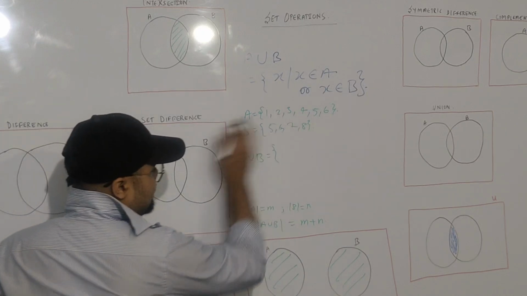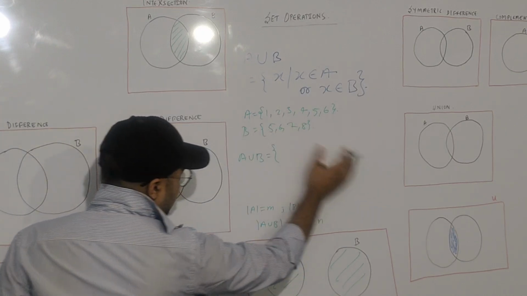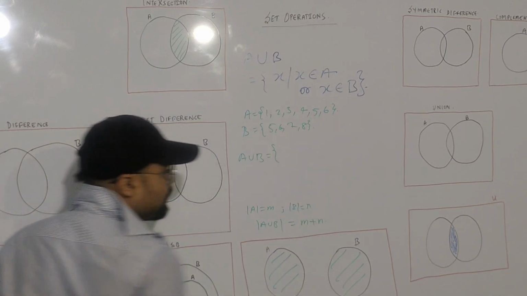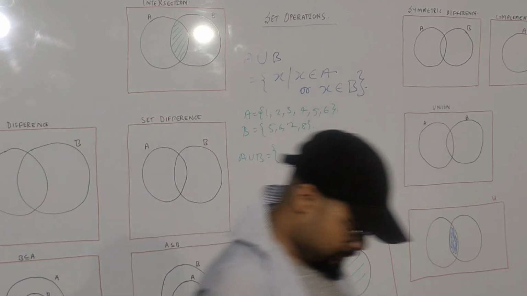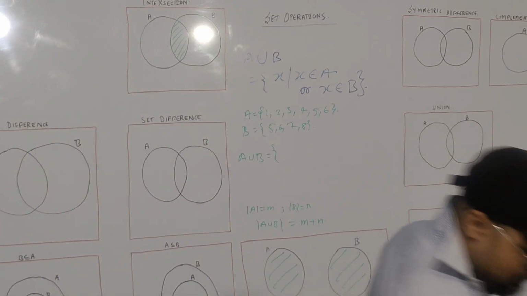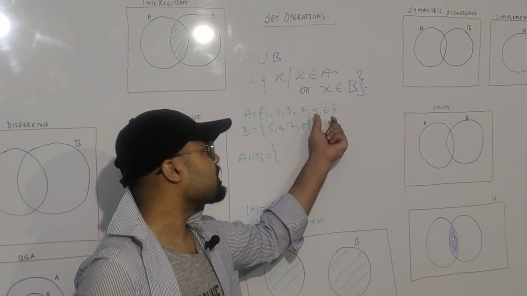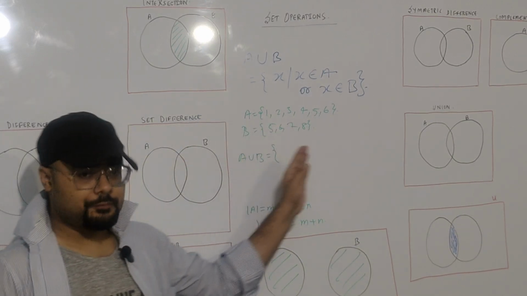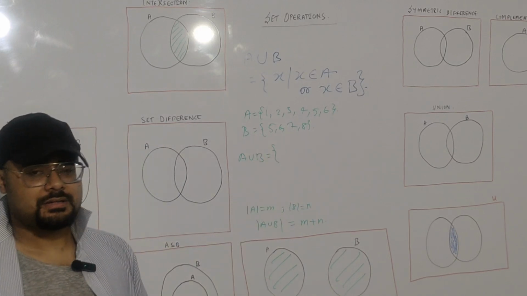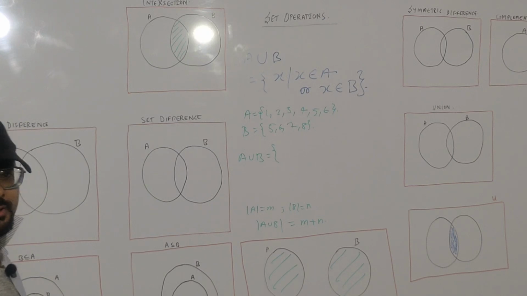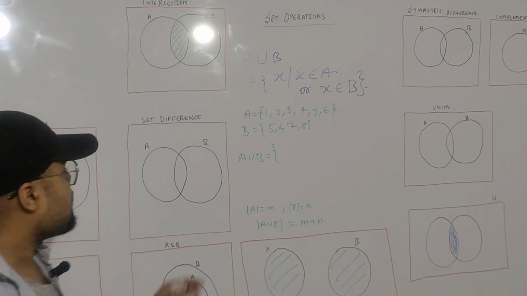But if you just straight away take the elements of A and straight away take the elements of B, 5 and 6 are going to be written twice because they are common elements. When you are listing all the elements of A, one time you will write 5 and 6. And when you are listing all the elements of B, a second time you will write 5 and 6. So 5 and 6 will be written twice. And duplicates are not allowed.